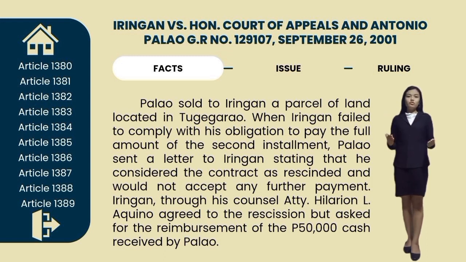On March 22, 1985, private respondent Antonio Palau sold to petitioner Alfonso Iringan an undivided portion of a lot located at the poblacion of Tuguegarao.